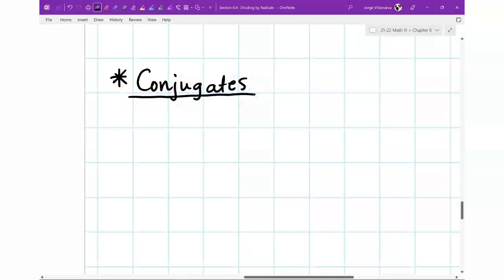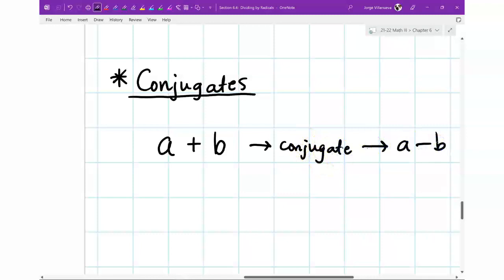Now, if in the denominator they gave you something that said A plus B, then the conjugate is A minus B. That's what you're going to multiply by.